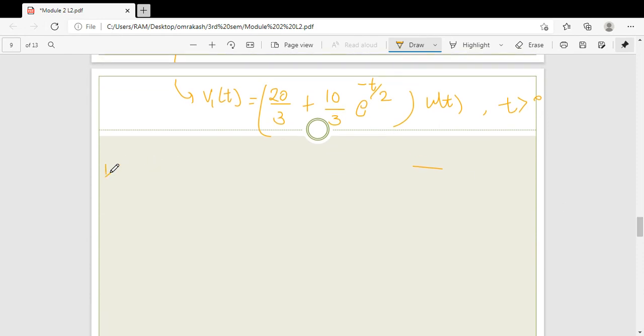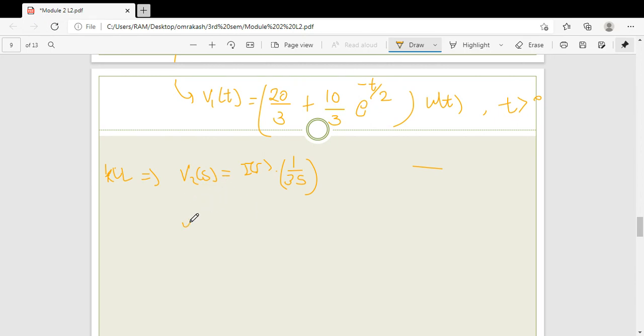So in a similar way, when you apply KVL, you will get V2 of S is nothing but I of S multiplied by 1 by 3S, right? So solve this circuit.